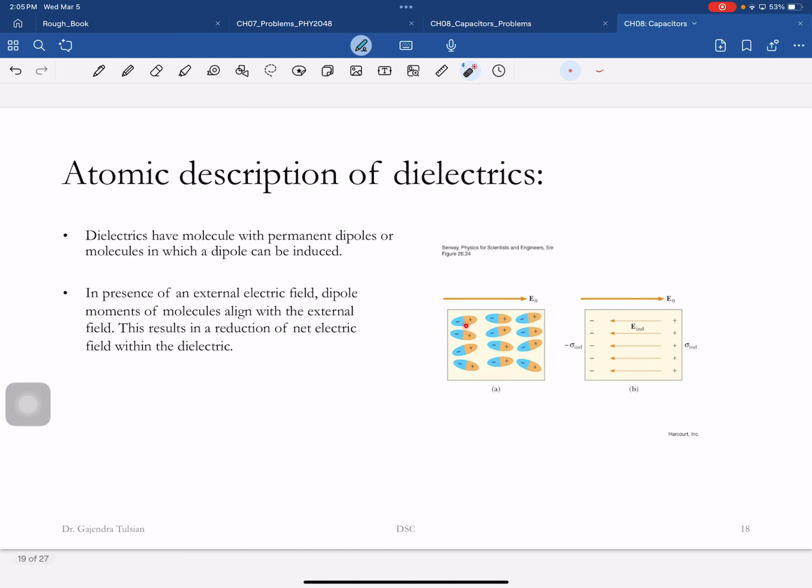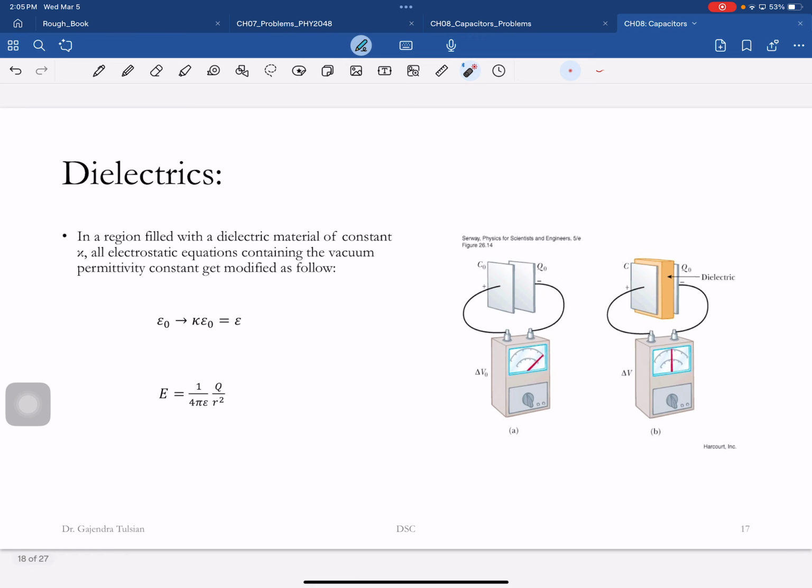What dielectrics do is their molecules either polarize or they have permanent dipole moments, and if you put them in between there, they will line up. The more these dipoles line up, the greater the dielectric constant, the factor by which the capacitance will increase. If you put a dielectric in between, the capacitance increases by the dielectric constant.